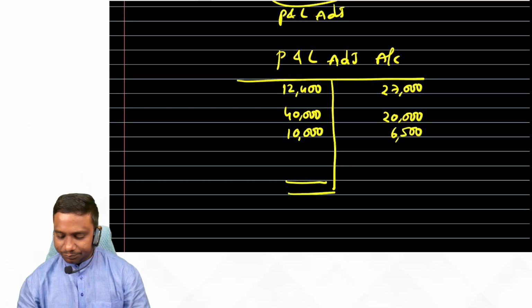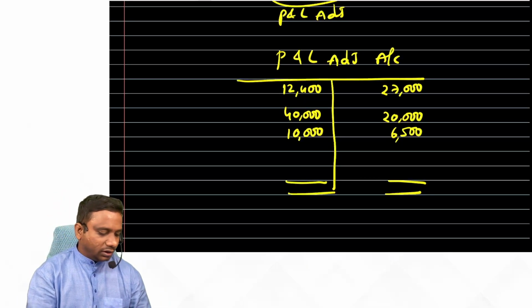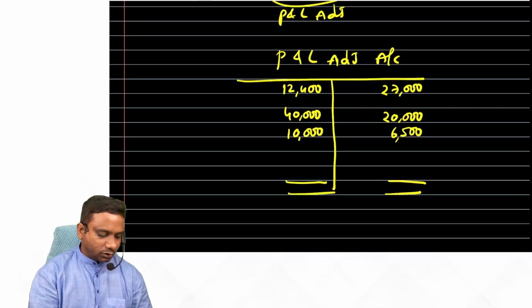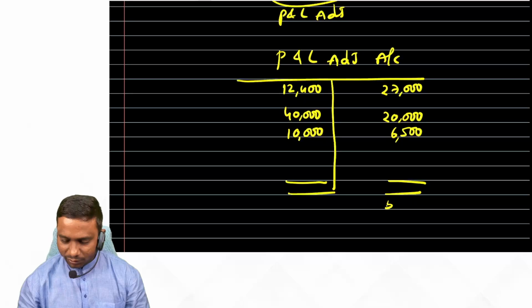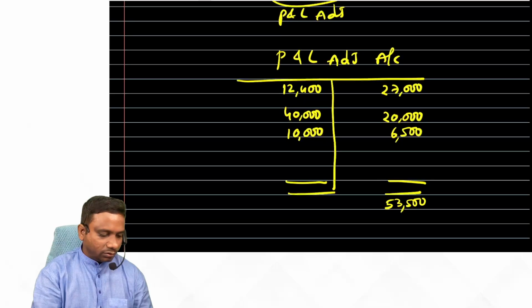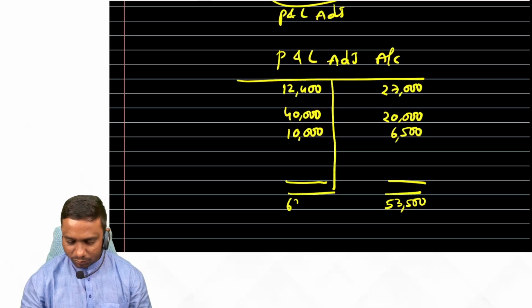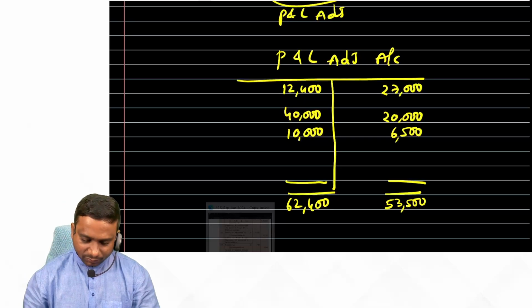Now balance this. Credit side: 27,000 plus 20,000 plus 6,500, total 53,500. Debit side: 12,400 plus 40,000 plus 10,000. Observe, just a minute.